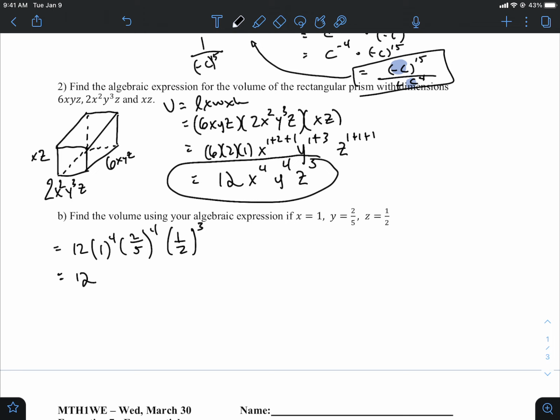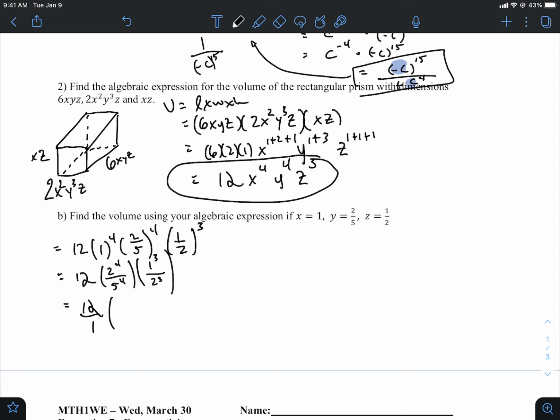So we're going to get 12. Well, 1 to the power of 4 is 1, so we don't need to worry about that. We're going to multiply that by 2 to the power of 4 over 5 to the power of 4, and 1 to the power of 3 over 2 to the power of 3. So 12, times, and we're going to have some multiplication going on with fractions here.